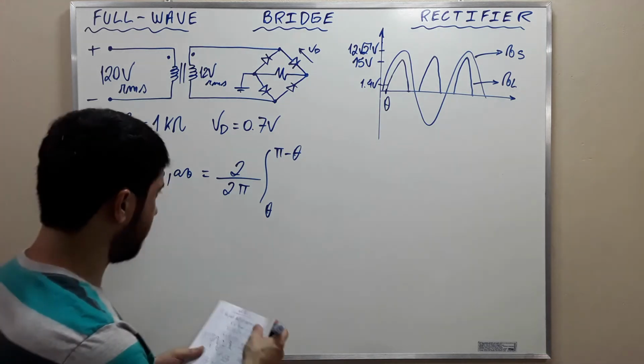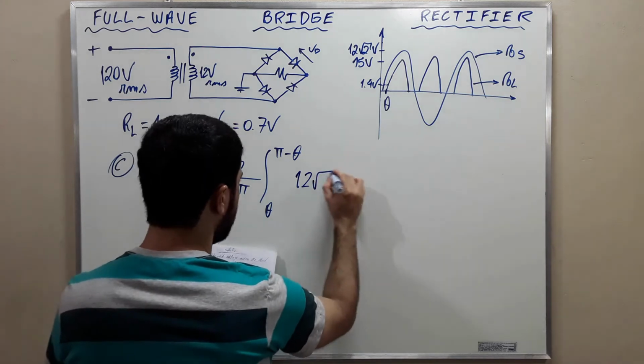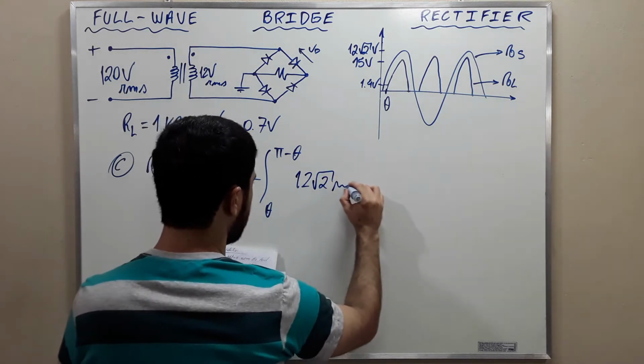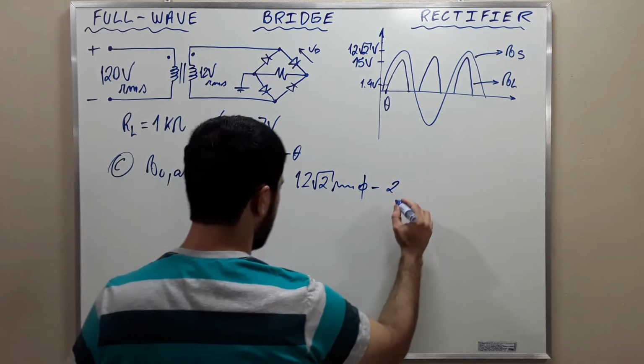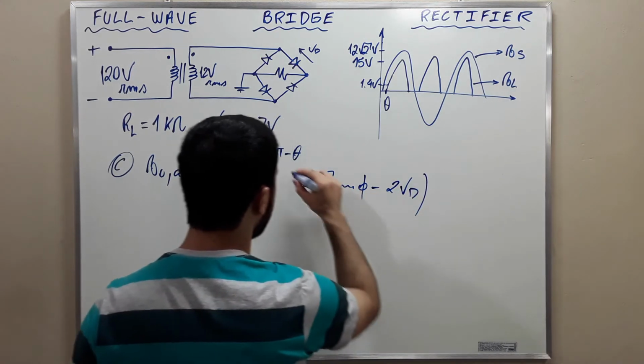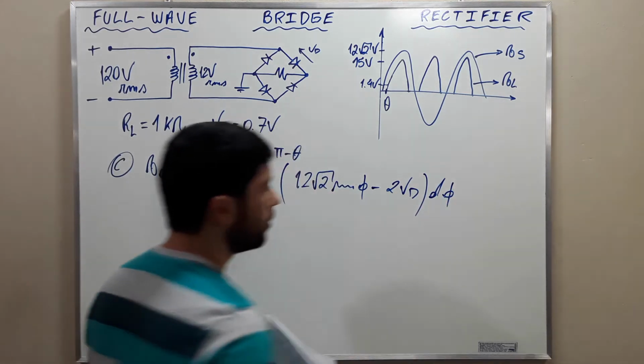Okay, 12 times the square root of 2 sine phi minus 2 Vd d phi.